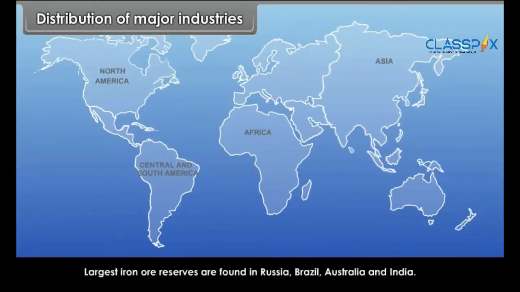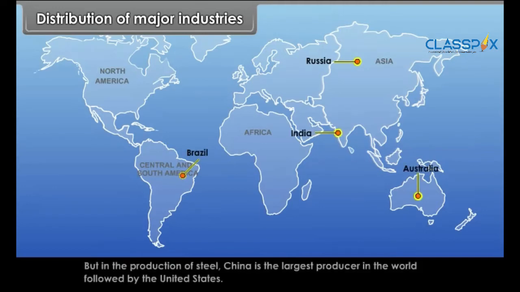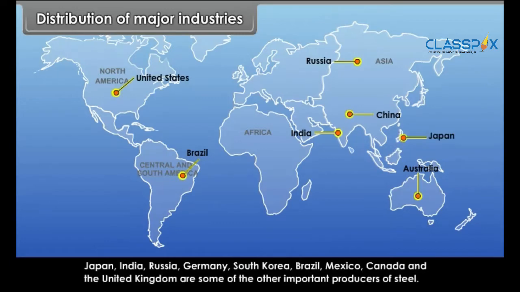Largest iron ore reserves are found in Russia, Brazil, Australia and India. But in the production of steel, China is the largest producer in the world, followed by the United States. Japan, India, Russia, Germany, South Korea, Brazil, Mexico, Canada and the United Kingdom are some of the other important producers of steel.